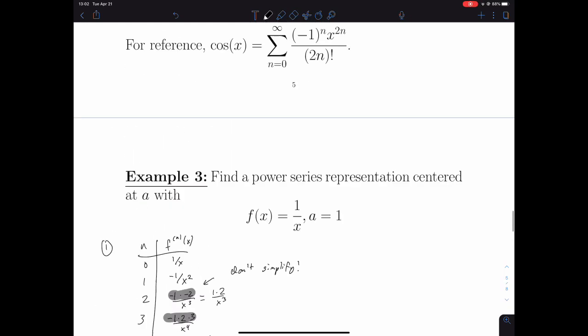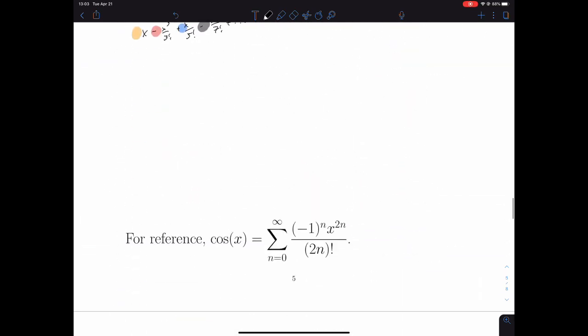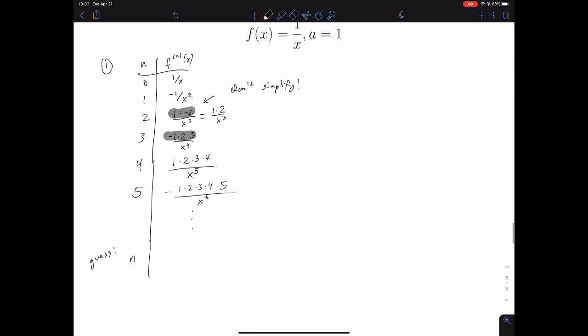Okay, so this was what, step 3? Let's scroll back up. Step 3. Okay, so step 2 is what's my moving parts. So step 2 is I've got 1, I've got alternation. So I need to take care of that.